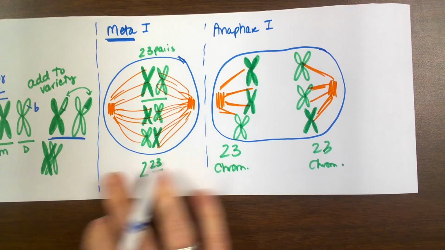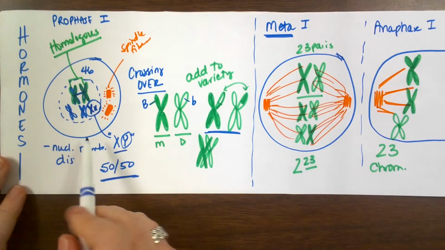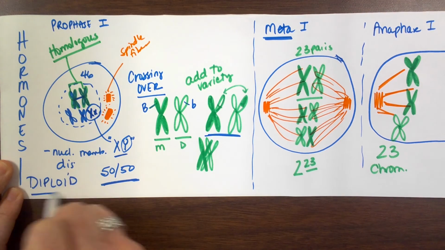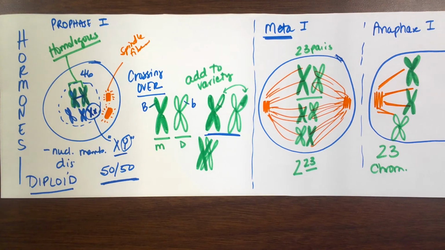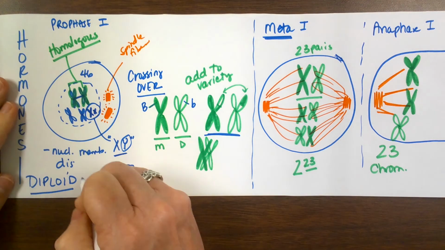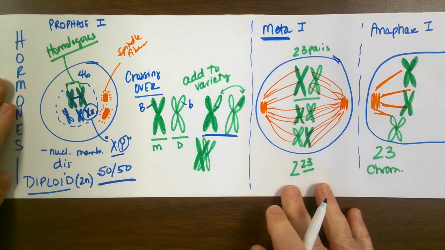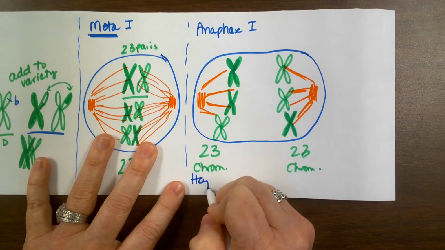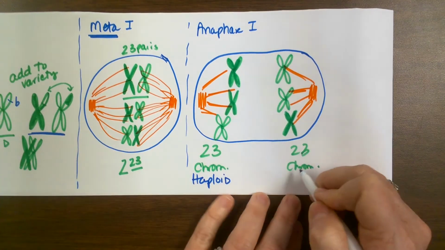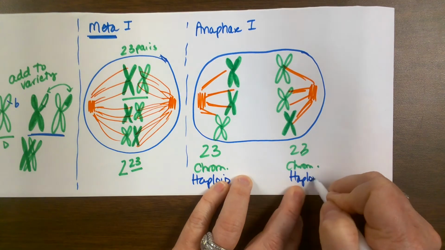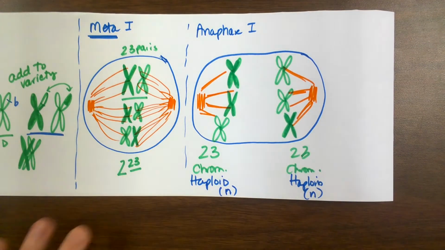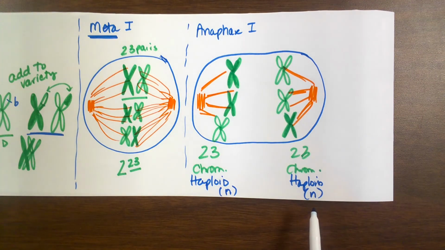So we are going from a diploid germ cell, diploid, which means you have all the DNA, all the possible chromosomes, and it's called a 2N. And then we're turning it into 2 haploid cells, which have half. So we call those N. So they have half all the DNA of the original organism.